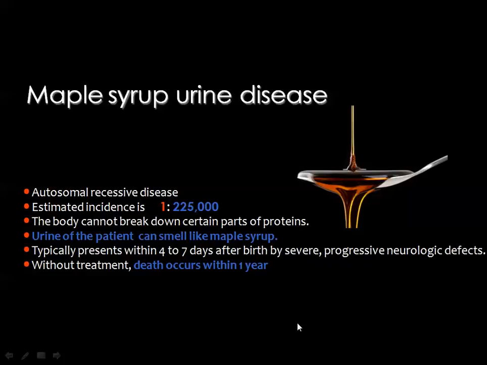And the second disease in this group is maple syrup urine disease. This is an autosomal recessive disease, and compared to phenylketonuria, it is far more rare, and the incidence is 1 in 225,000 population.